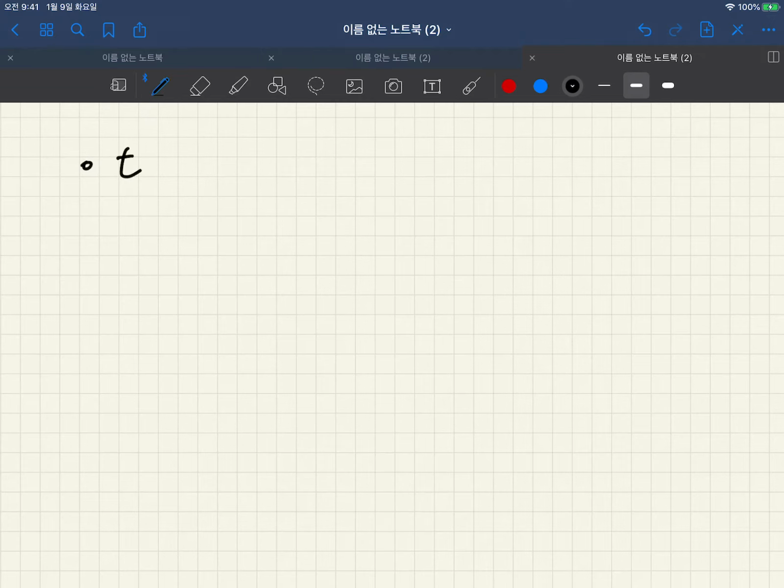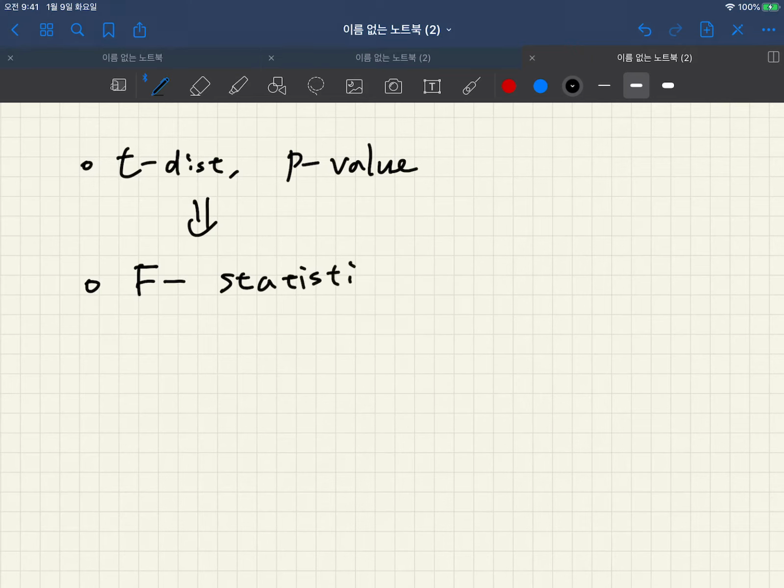Previously, we used the t-distribution and p-value. When there is multivariate linear regression, we just need to use the F statistic.